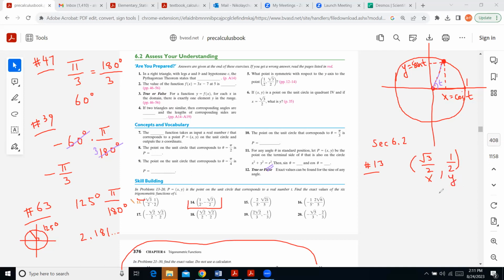So on this definition, we already know the cosine of angle, and we call it here t, is going to be radical 3/2, and the y is going to be the sine of angle t. And this is it. And again, we define them to be like that.